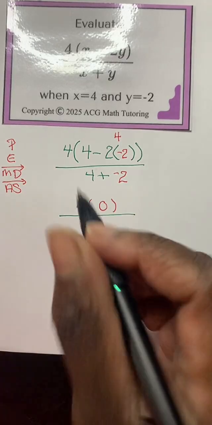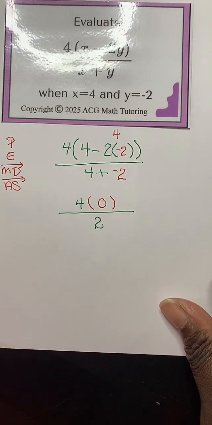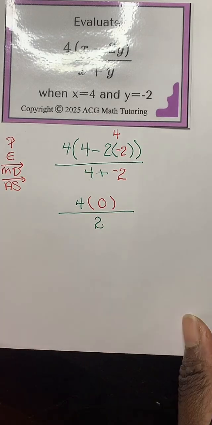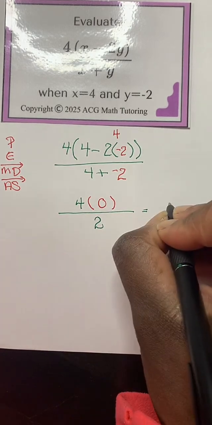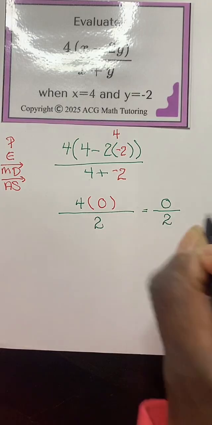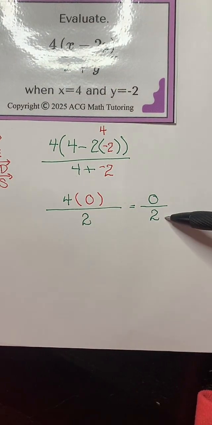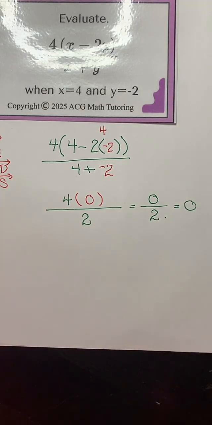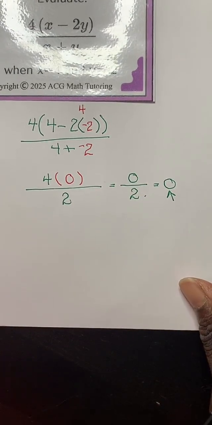I spent 2. That means I have $2 left. All right. So now, working on that numerator, 4 times 0, that gives us 0. Anything times 0 is 0. Now, 0 divided by anything is 0. So your answer is going to be 0.